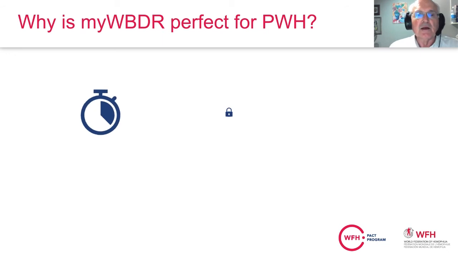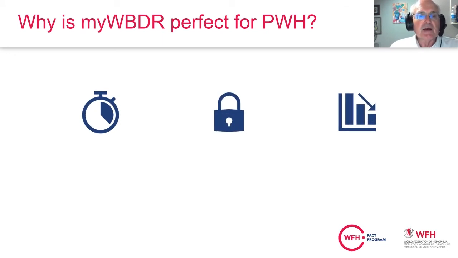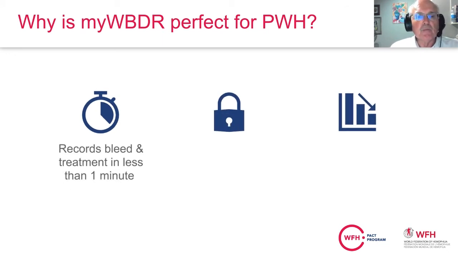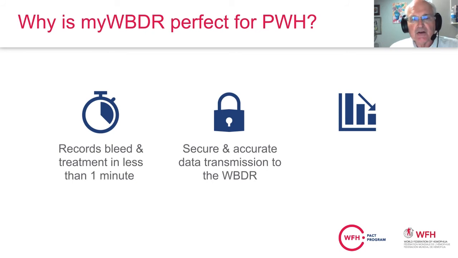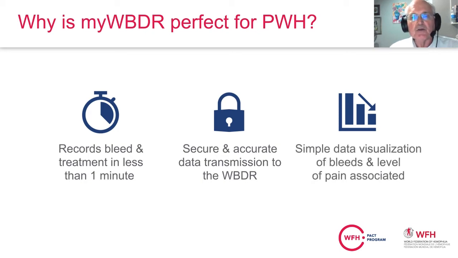So why is it perfect for people with hemophilia? Well, starting on the left, it can record bleeds and treatment in less than 1 minute. It's secure and accurate, and the data is transmitted to the WBDR. And lastly, it can also provide simple data visualization of bleeds and levels of pain over the last 6 months.